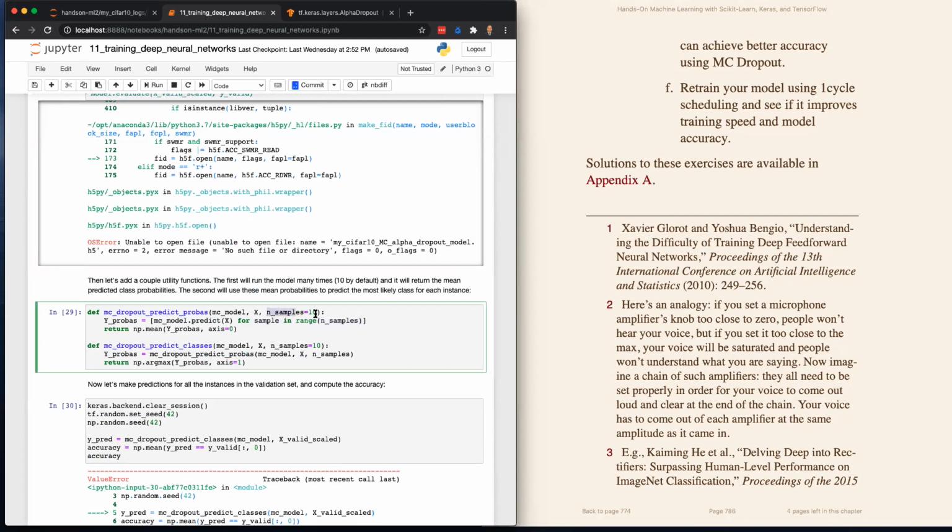It's just the number of different dropout values for which you want to do the inference. So I think he will predict on X using 10 different dropout values, and then he'll average. Every time you run MC model dot predict, a different dropout value is initialized.